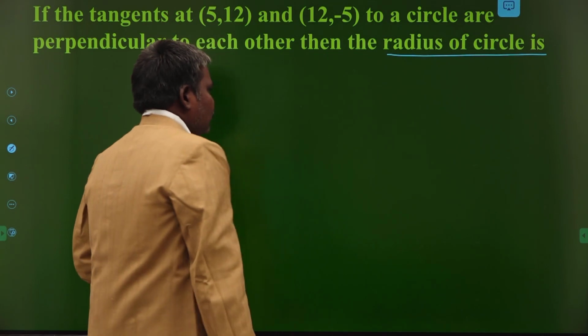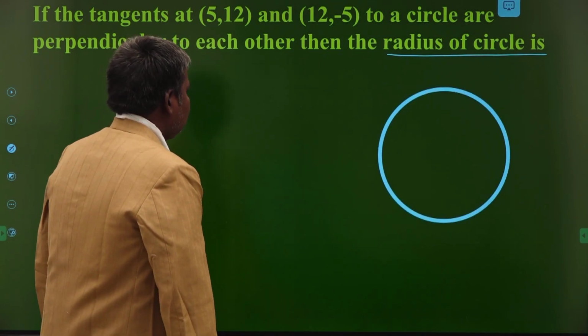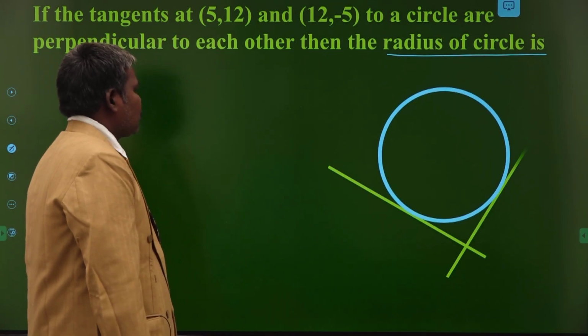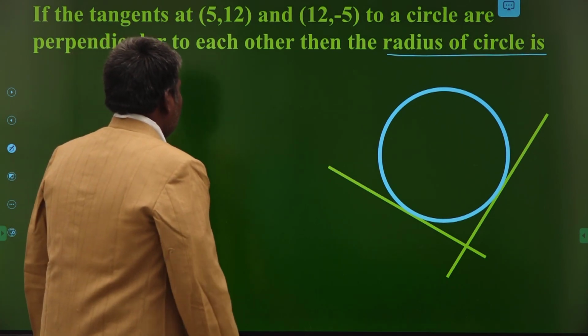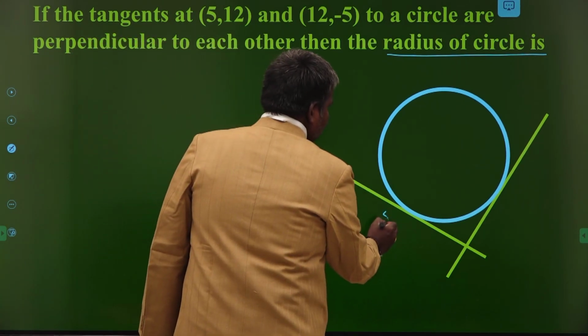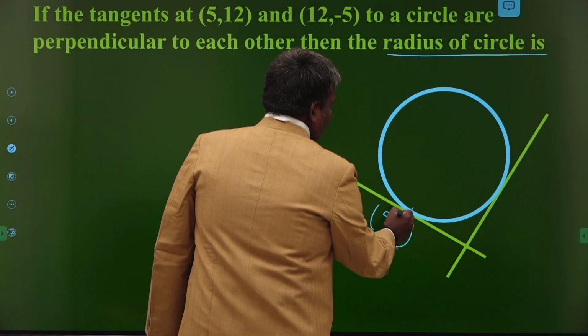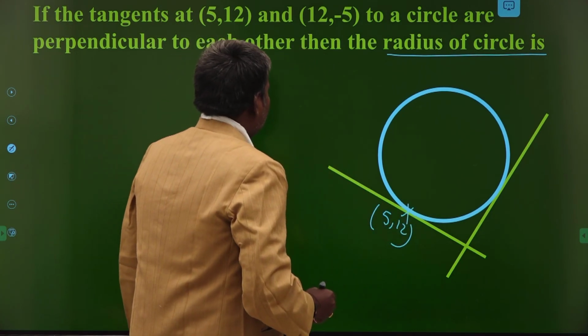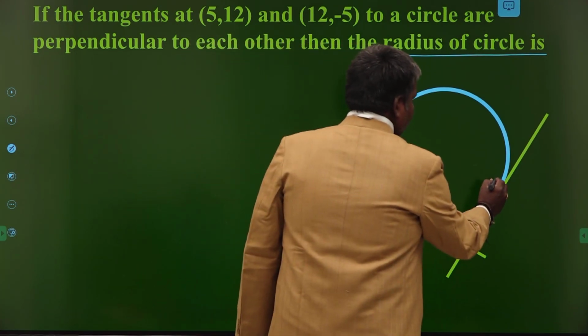Try to draw the figure. This is the circle. These are the tangents which are perpendicular to each other. They are drawn at 5, 12. This is a rough diagram. This is the point of contact 5, 12. Another point of contact is 12, minus 5.